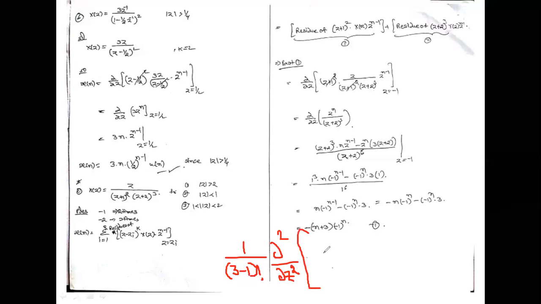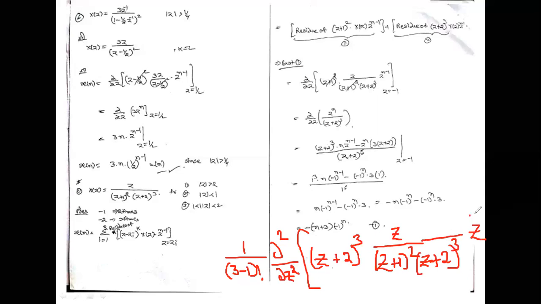And z minus zi, where zi is minus 2: z minus of minus 2 is z plus 2, z plus 2 power k, k is 3 here. And X of z, what is X of z? z by z plus 1 whole square and the z plus 2 whole cube, and multiply with the z power n minus 1.